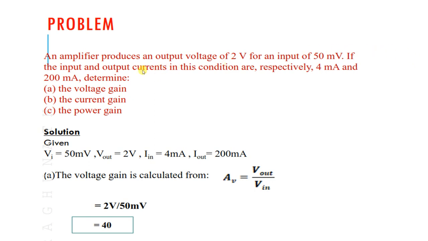So the meaning is: the output is 2 volts for an input of 50 millivolts, and the input current of 4 milliamps is amplified into 200 milliamps. You have to find the voltage gain, current gain, power gain, input resistance and output resistance.